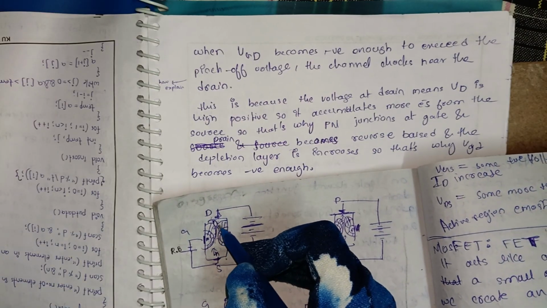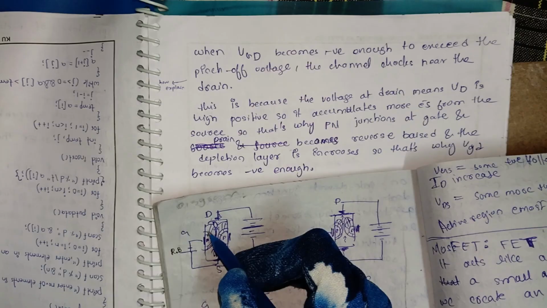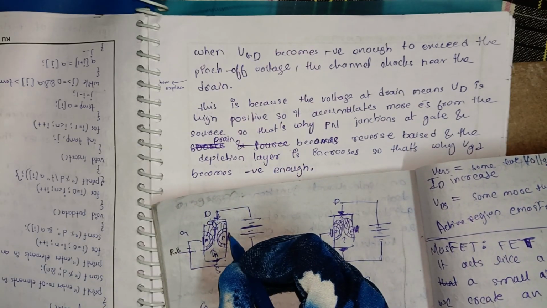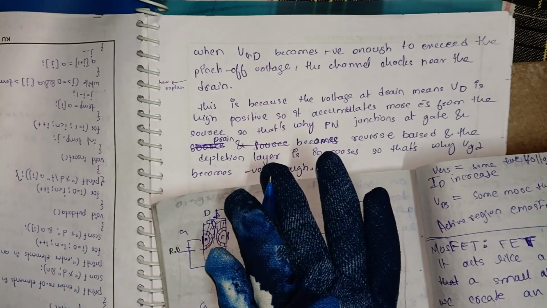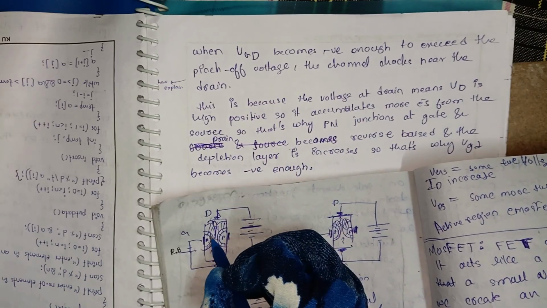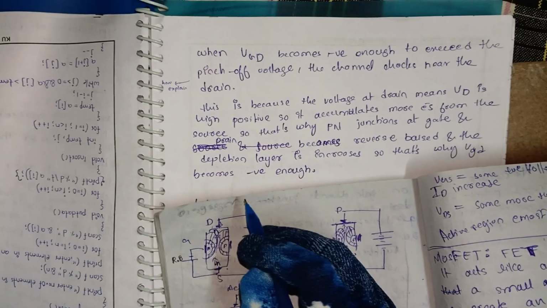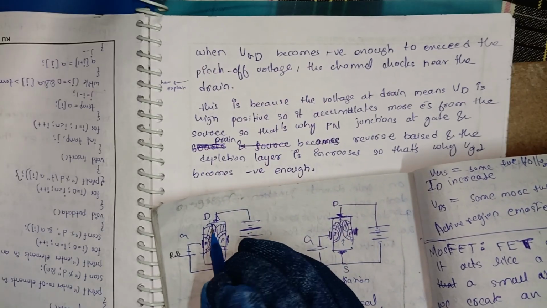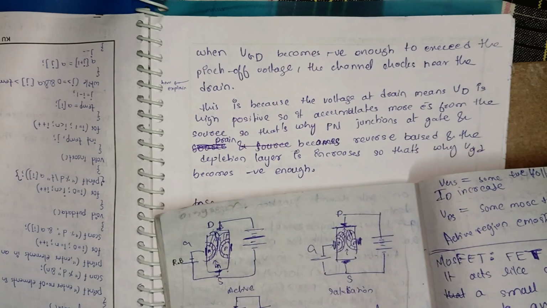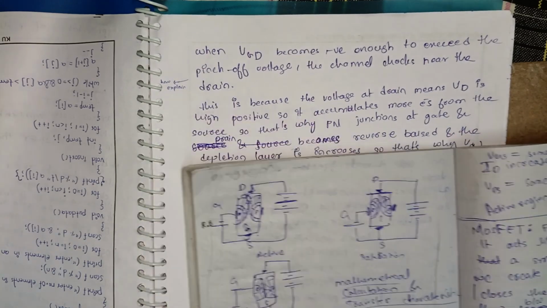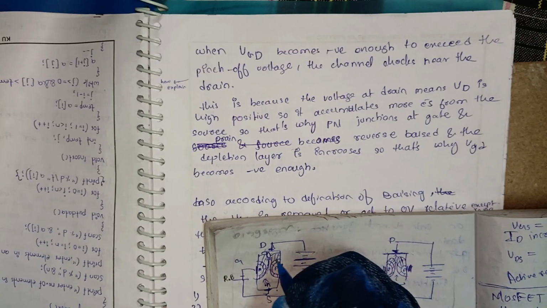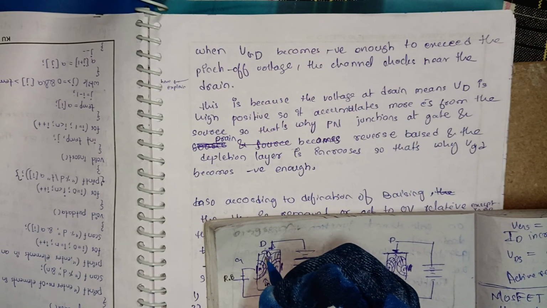So these negative acceptor ions of p type and positive donor ions of n type form the depletion region. So the depletion region is increased, near the drain it is increased.